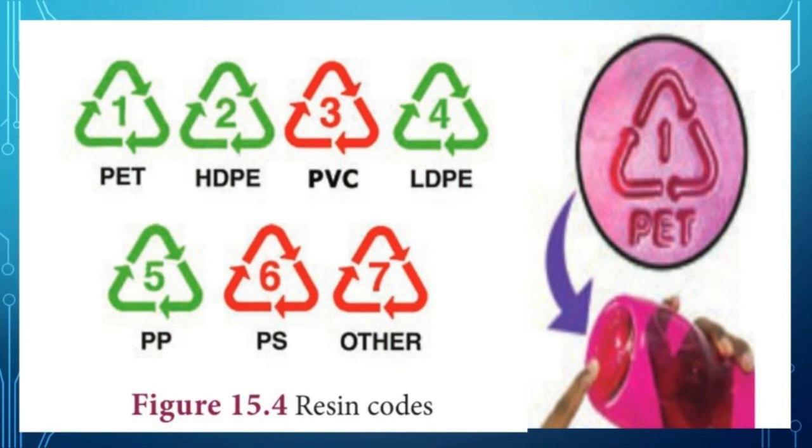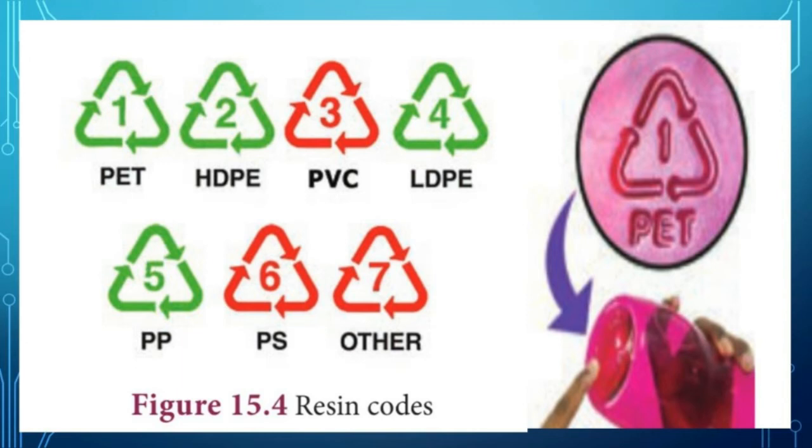Finding the resin code on plastic items. The resin codes are shown as three chasing arrows in a triangle. There is a number in the middle or letters under the triangle. This is usually difficult to find. It can be found on the label or bottom of a plastic item. The resin codes are numbered from 1 to 7.